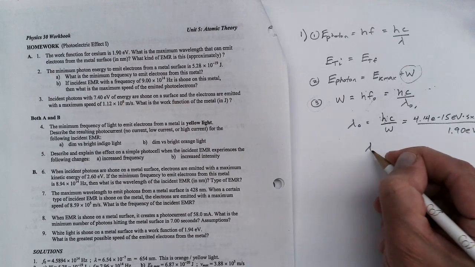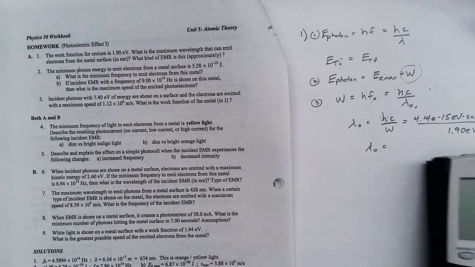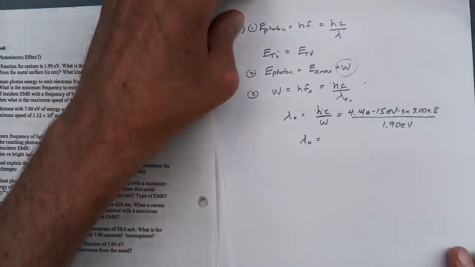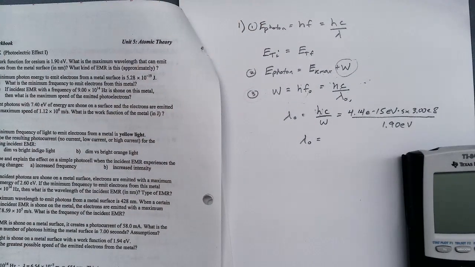Now, sometimes there's a little rounding error in this when you use this constant, because it's only three significant digits.